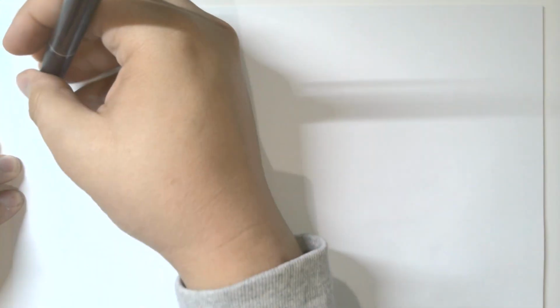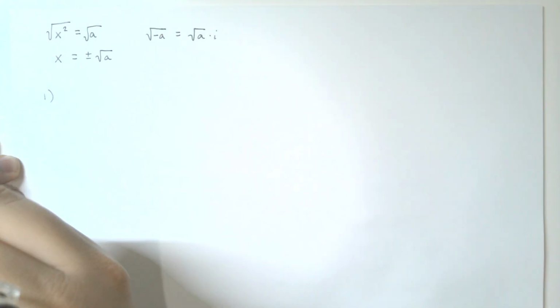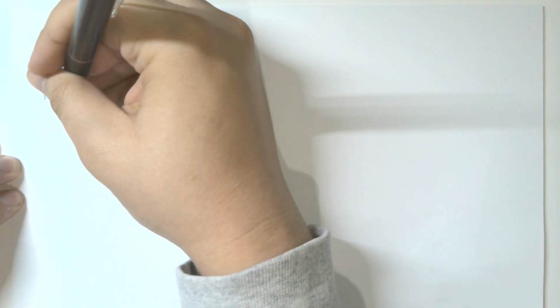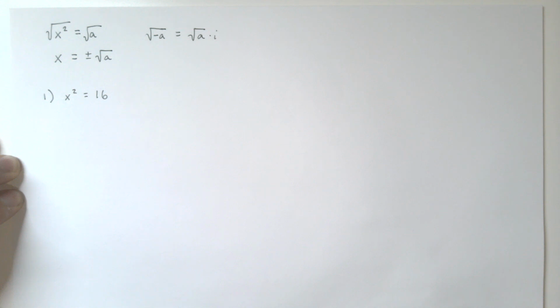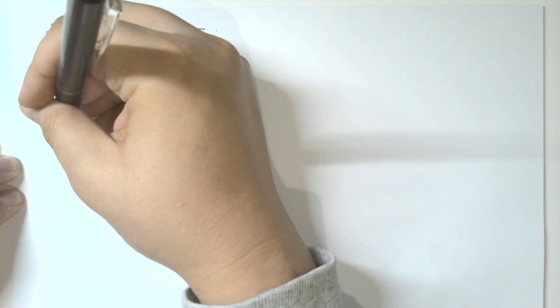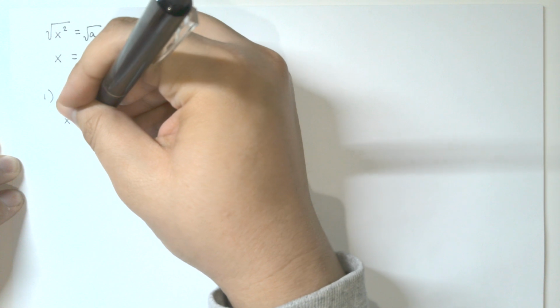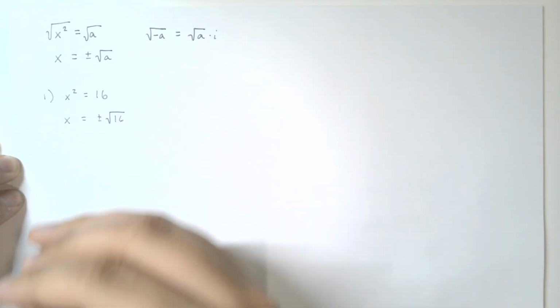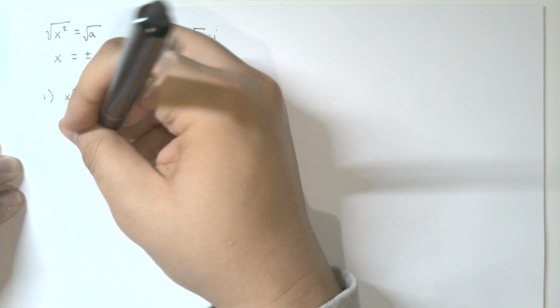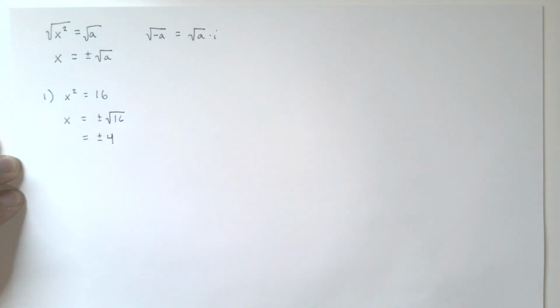So to do number 1, we have x squared is equal to 16. Since x squared is already by itself, or whatever variable we're going to use, we take the square root of both sides, and we get x is equal to plus or minus the square root of 16, which is equal to plus or minus 4.